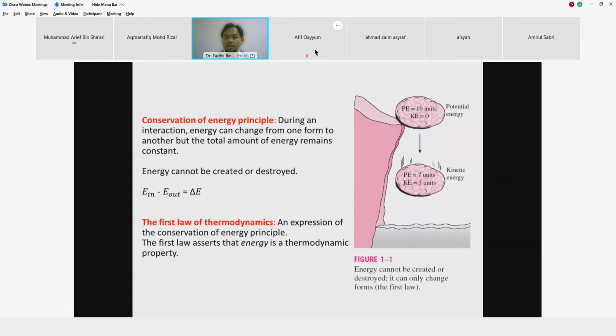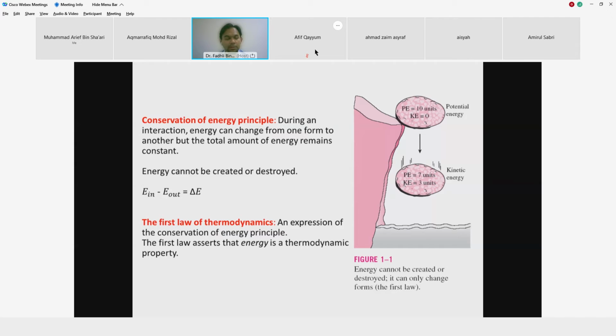So once the rock starts to drop or move downward, a portion of the potential energy transforms into kinetic energy. So it has 7 units of potential energy and 3 units of kinetic energy. Why? First, the potential energy is 10 units because PE, or potential energy, equals m times g times h.